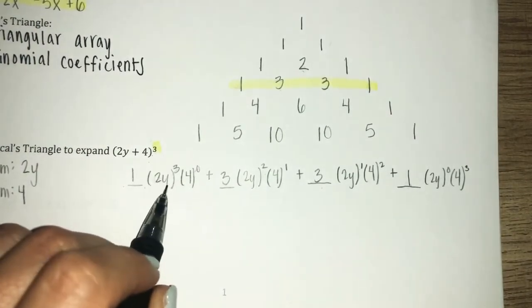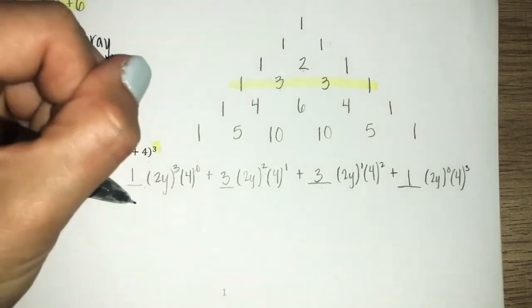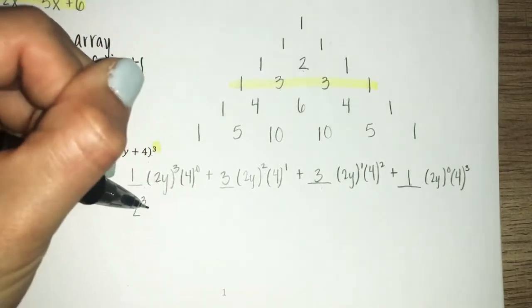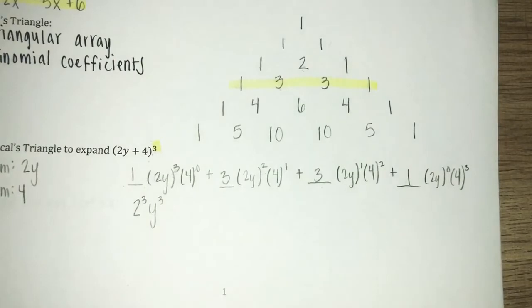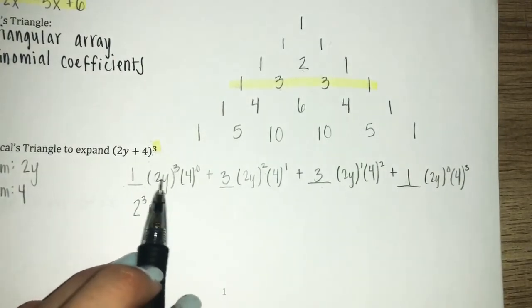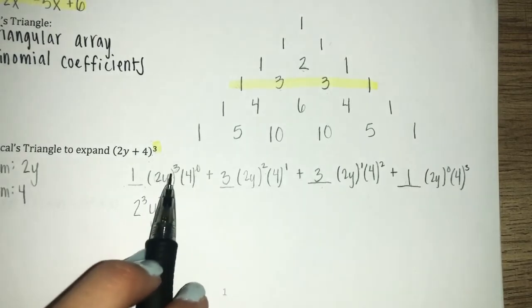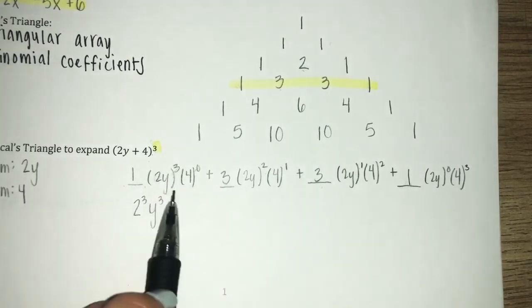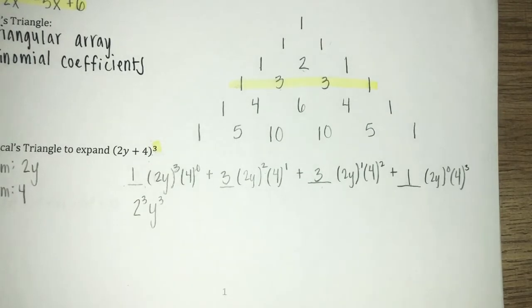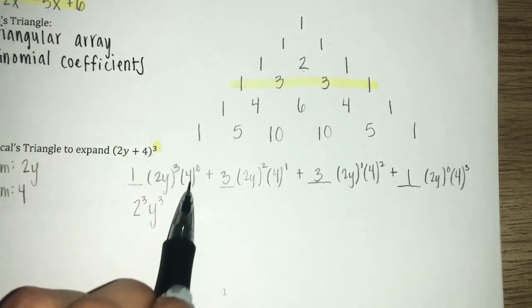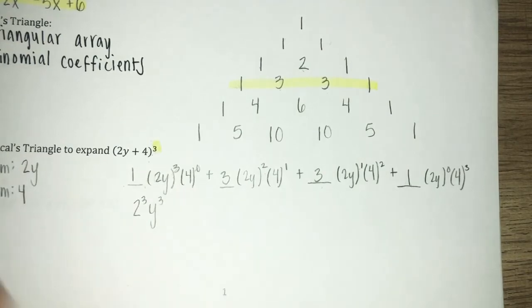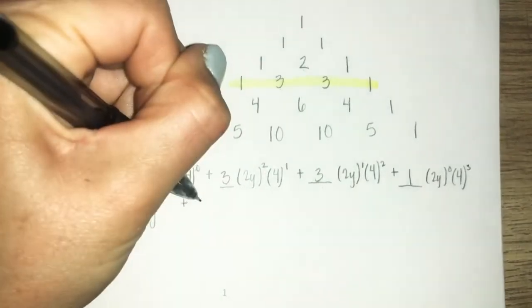But 2y to the third power means 2 to the third power times y to the third power. And you don't necessarily need to show this if you can do it in your head, but just so we can see, since these are just factors, you can distribute the 3, for lack of better terms. It's not multiple terms inside the parentheses, so that's okay. And then 4 to the 0 power is just 1. Anything to the 0 power is just 1, so we can move on to the second term.